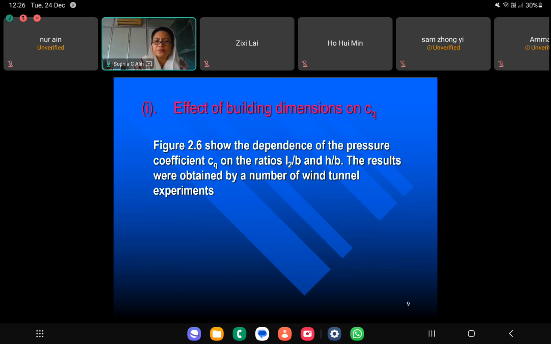If you can see, the CQ depends on the building dimension, and it also depends on the ratio of L over B or H over B. This has been obtained from a number of wind tunnel experiments.